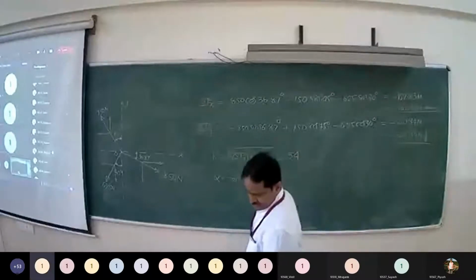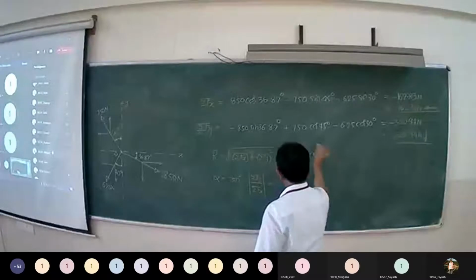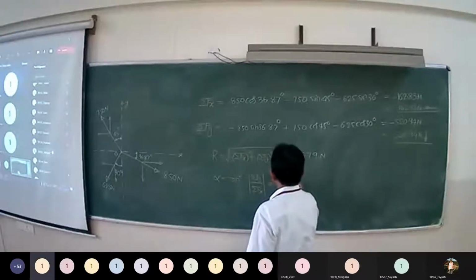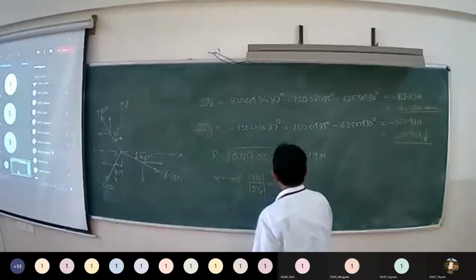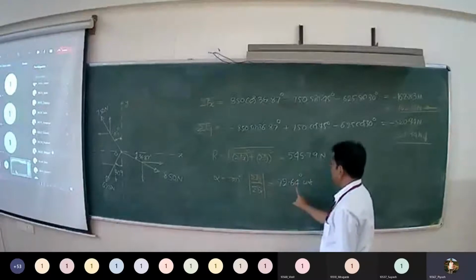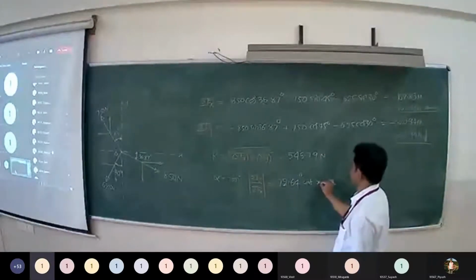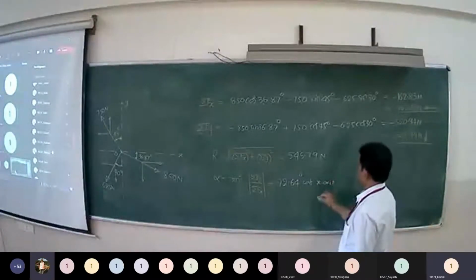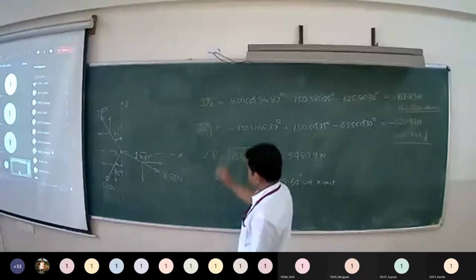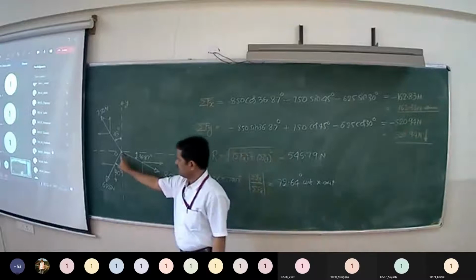And alpha is 72.64, with respect to x-axis. So we have now the magnitude of resultant, direction of resultant, and point of application of resultant, that is the point of concurrence.